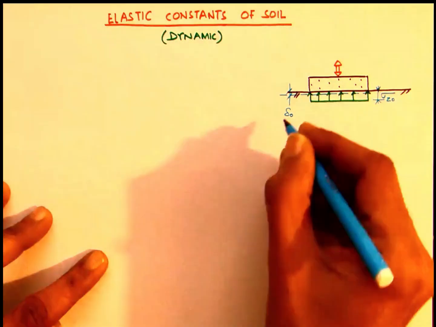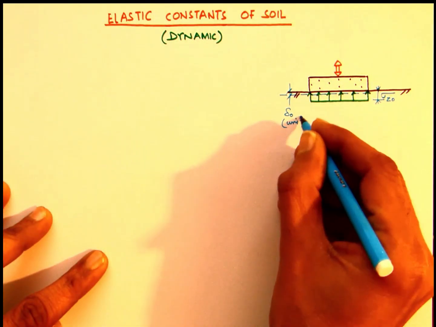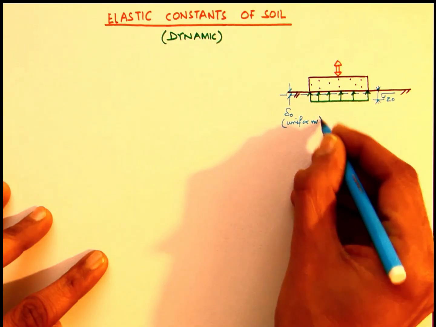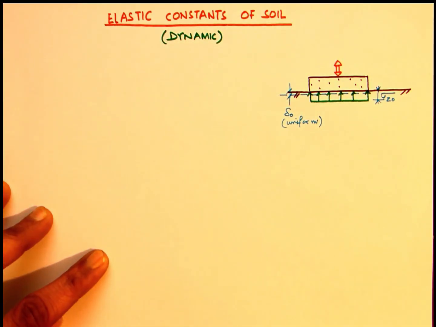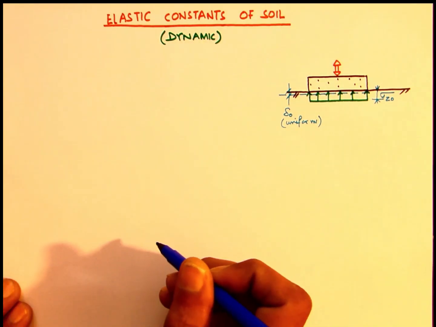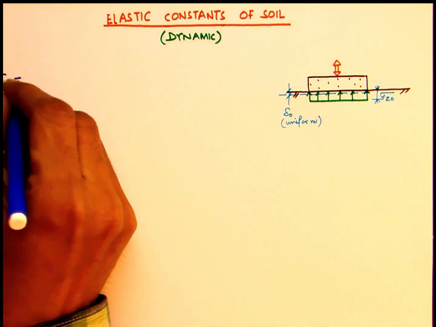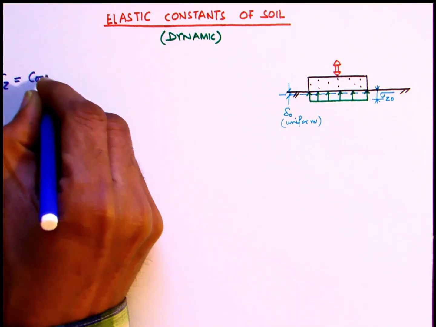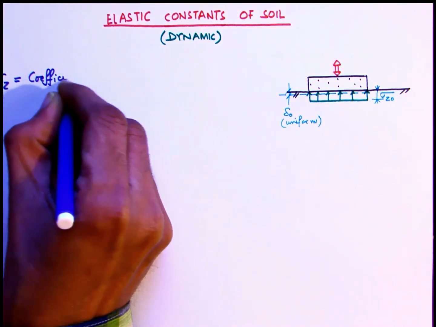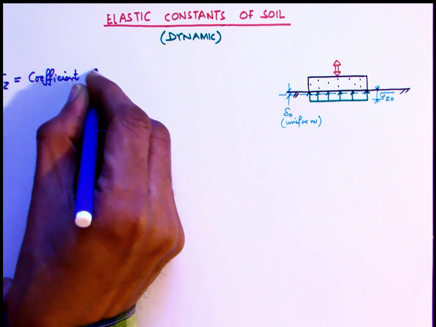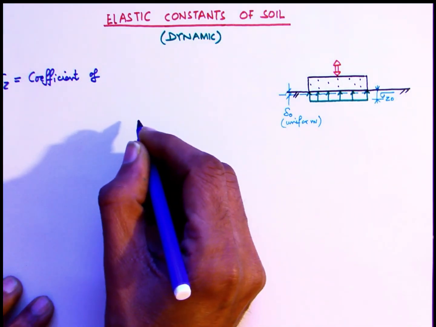So we define an elastic constant of soil Cz. So Z here refers to the fact that the corresponding vibrations are in the Z direction. This coefficient Cz is called the coefficient of elastic uniform compression of soil.